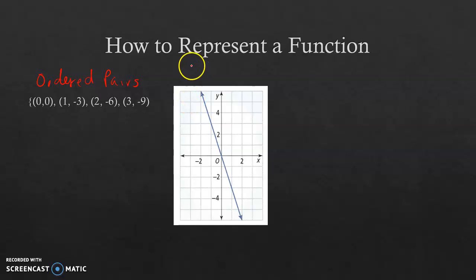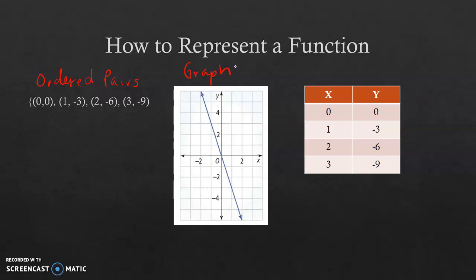We can represent a function using a graph. We could use a table, which were all ways that we could represent a relation. I guess you could put mappings in here, but the other way you can represent a function that we'll be working with is by a rule, or I just call it an equation.